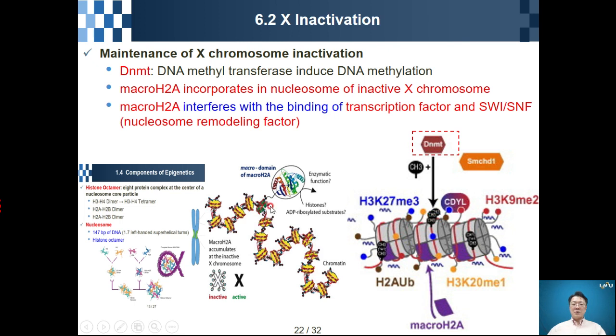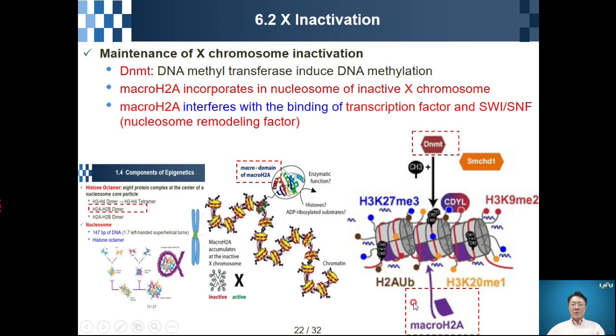And also, usually in the nucleosome, H2A is incorporated into the normal nucleosome. But in the inactive X chromosome, macro H2A is nearly similar to H2A, but the size is bigger than H2A, so that's why we call it macro H2A.